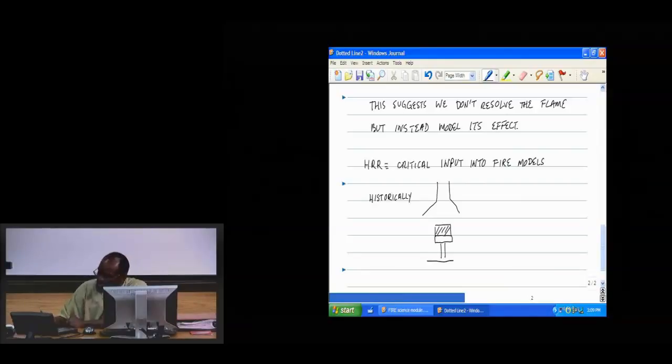I measure perhaps the temperature in the stack, and I measure the volumetric flow rate. So this V dot, we'll call the volumetric flow rate of the gases.